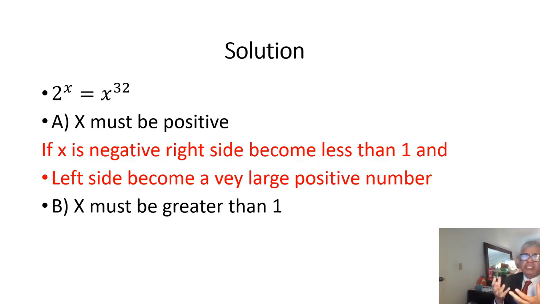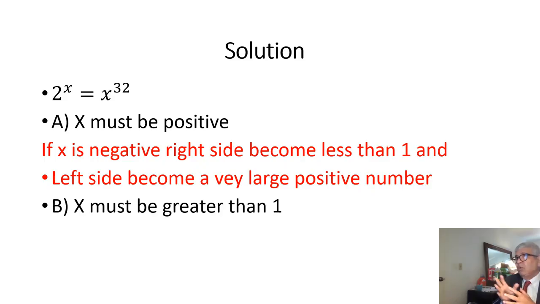This is more of a logical type of problem, not a classical problem. You can solve it with logic rather than with some numerical manipulation. In here, x must be greater than 1.